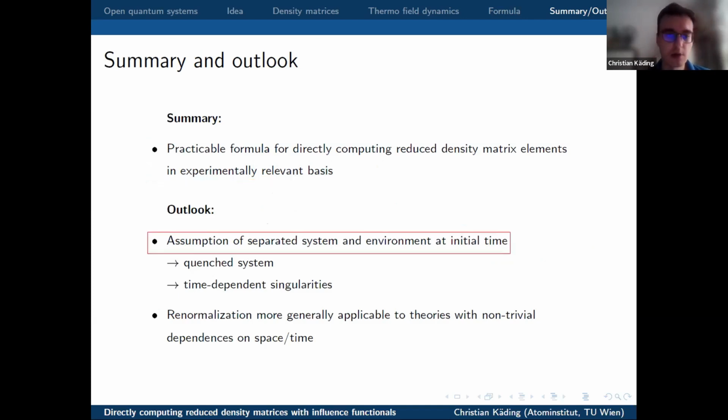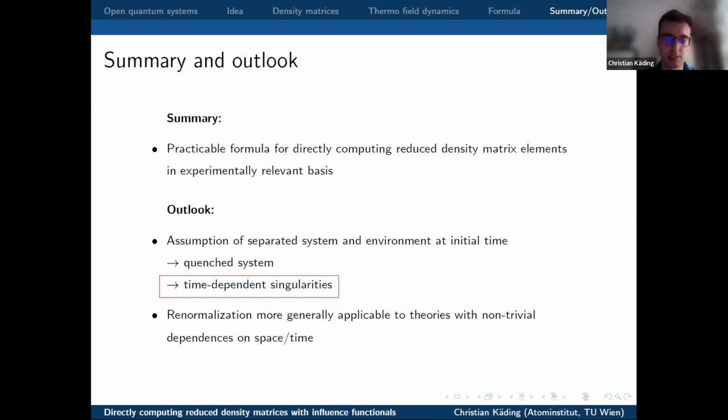And as an outlook, one problem that pops up in this context, if one doesn't talk about an effective theory at least, is that you have to renormalize, and the renormalization here is a little bit trickier because, as is very common in this area, you assume that your system and environment are separated at the initial time. And this causes the system to actually be a quenched system, and such quenched systems show time-dependent singularities.